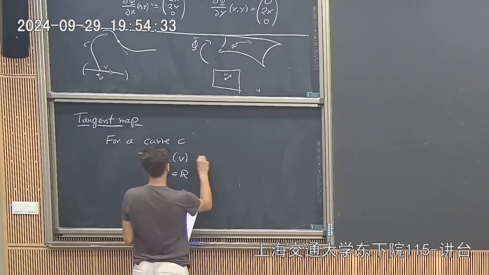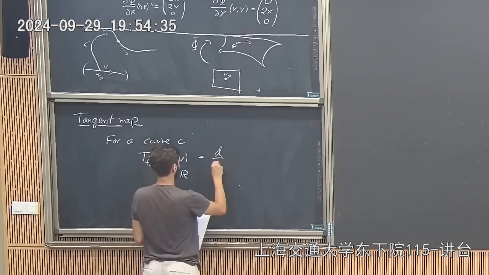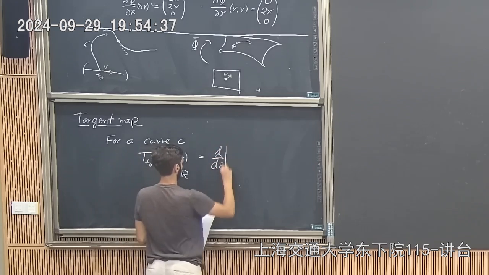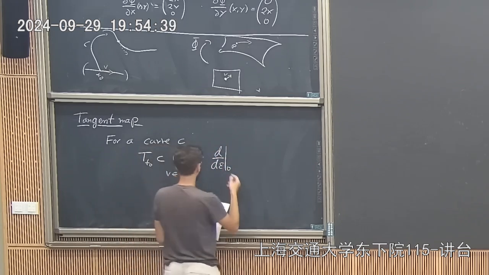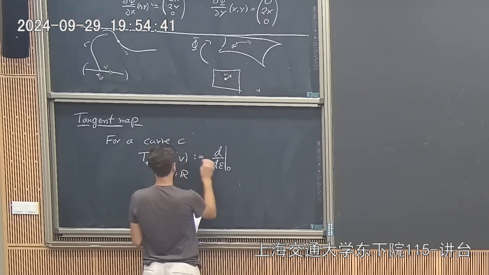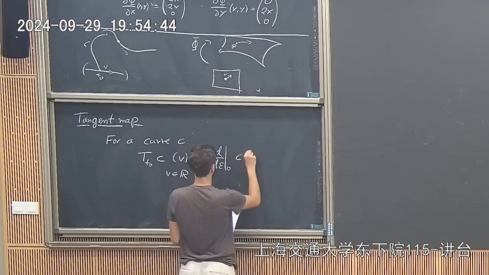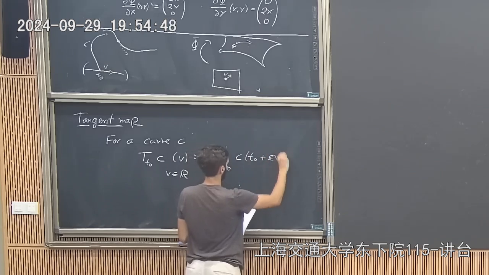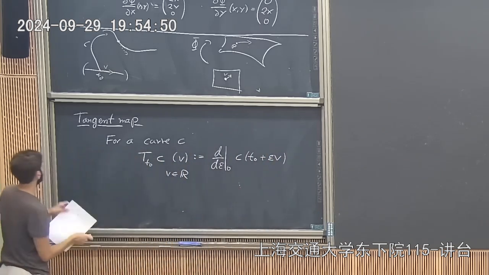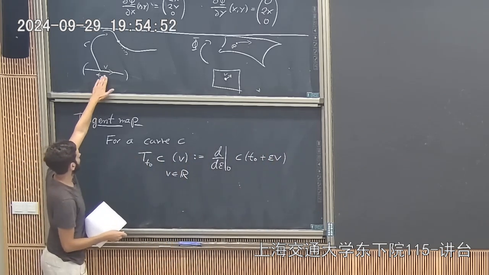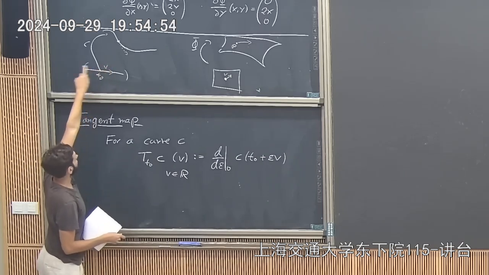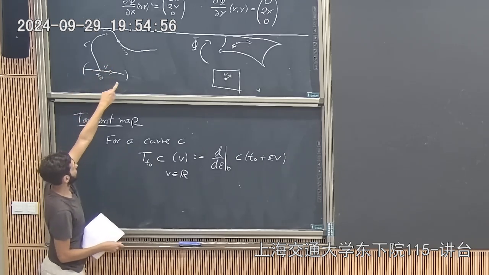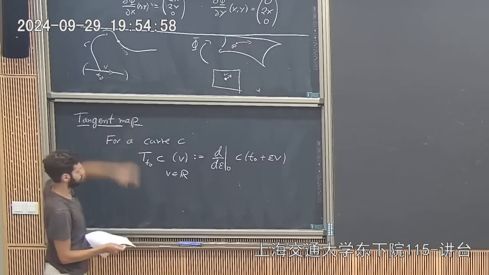And it's defined to be the map: you take the derivative with respect to epsilon. When you change the time slightly in this direction given by v, and then you map it over to the curve up there, and then you take the derivative of that curve.